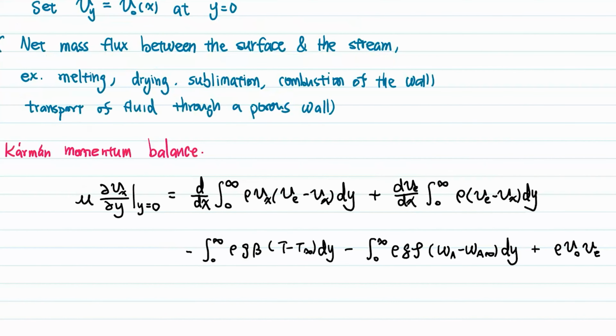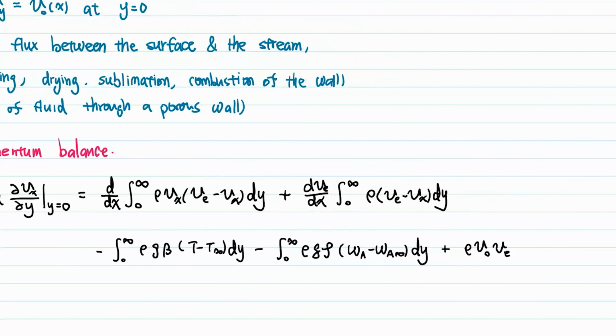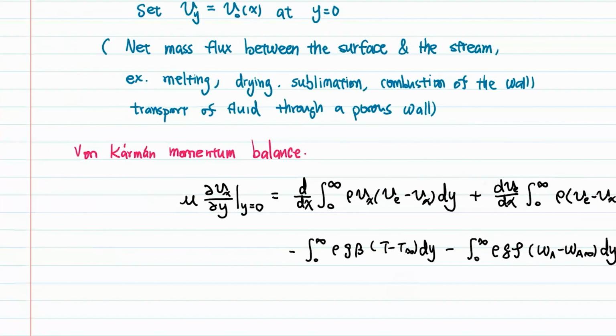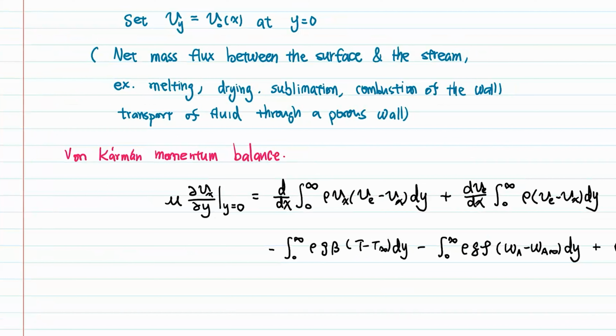So the V naught here is what? V naught here is the normal component, normal velocity, or let's say net mass flux, normal to the surface at y equals 0, which we've just covered. Okay, and so in other words, this is the equation of continuity plus the equation of motion.